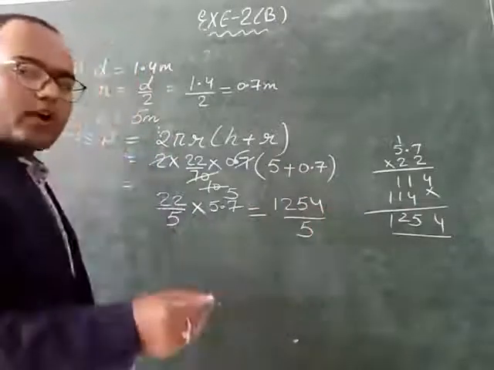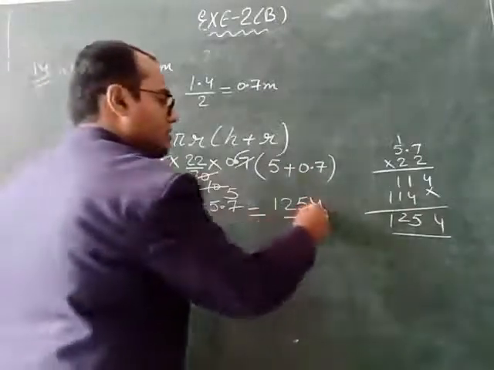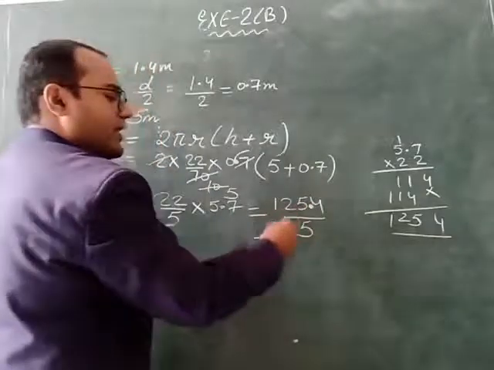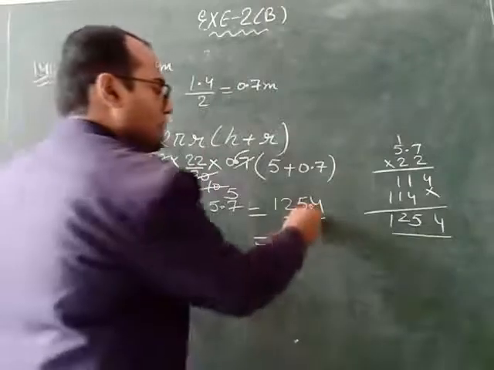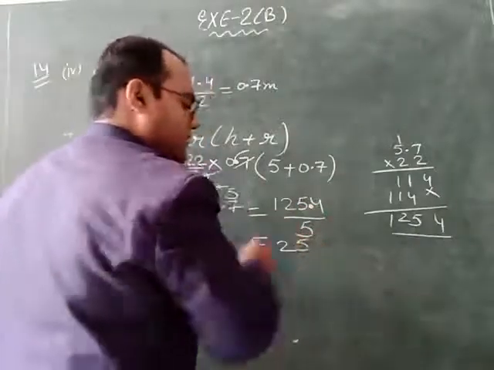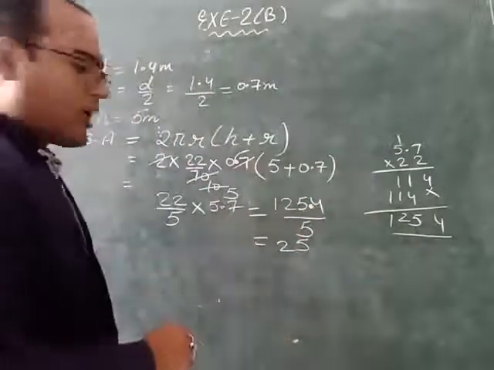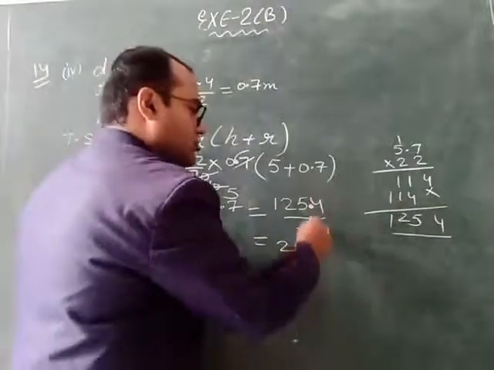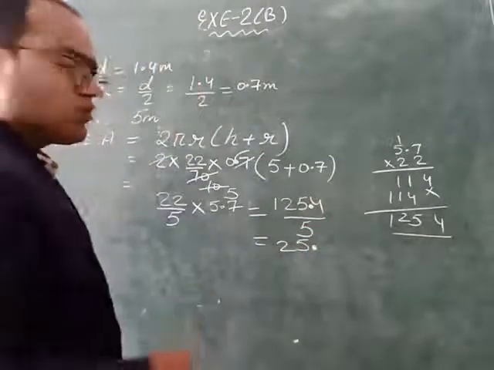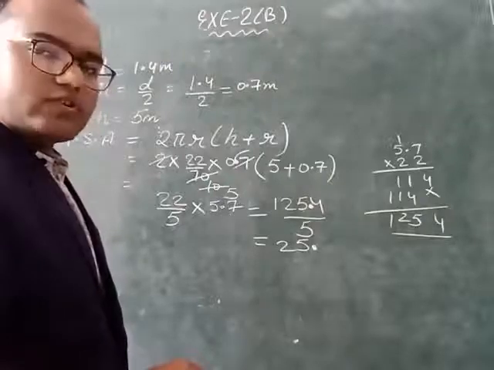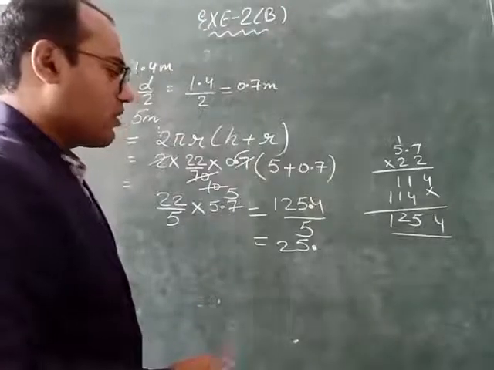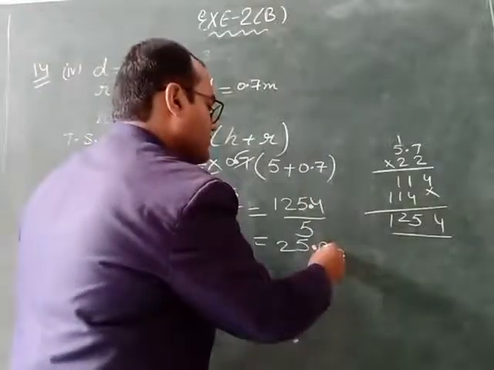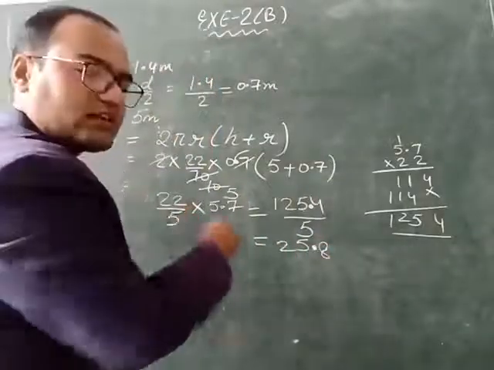Now we have to put the point also. The point is before 1 digit, so here we will put the point. Now on dividing, we get 5 twos are 10, remainder 2, 25, 5 fives are 25. Now the point is coming, so we will put the point. 4 is not divisible by 5, so we will take 0.